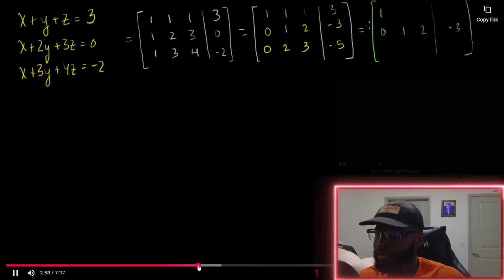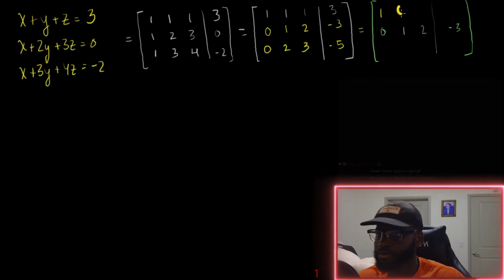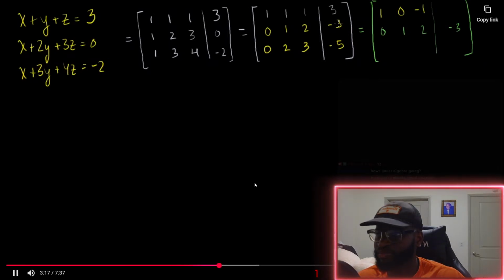No, I'm replacing the first row with the first row minus the second row. So 1 minus 0 is 1. 1 minus 1 is 0. 1 minus 2 is minus 1. And then 3 minus minus 3, so that's equal to 3 plus 3.